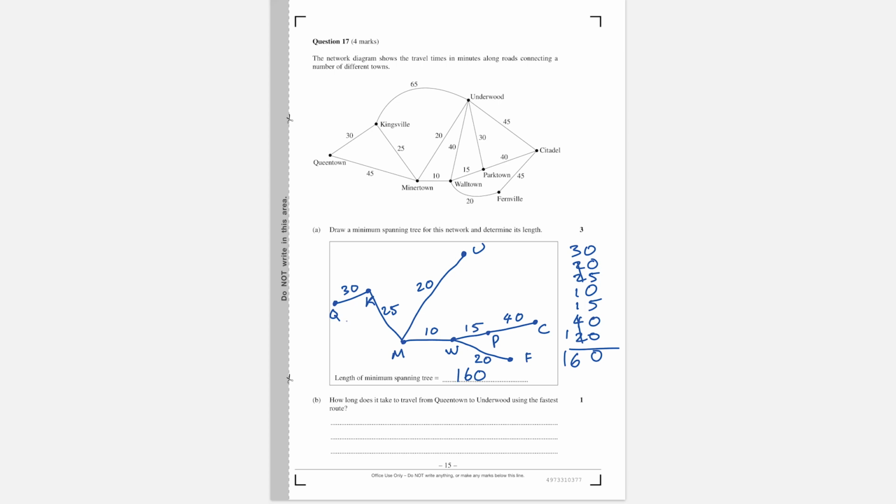And how long does it take to travel from Queenstown to Underwood using the fastest route? Okay, so first we can take a look at our minimum spanning tree, and that's going to give us QKMU. So QKMU, and that's going to be 30 plus 25 plus 20, and that is 75.